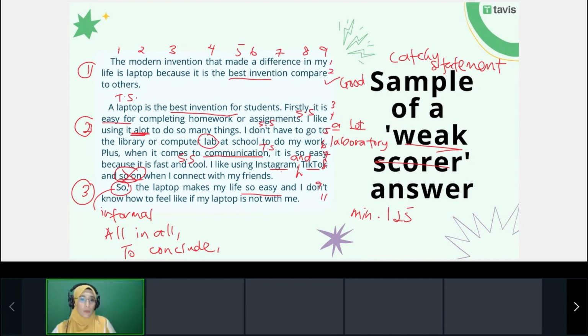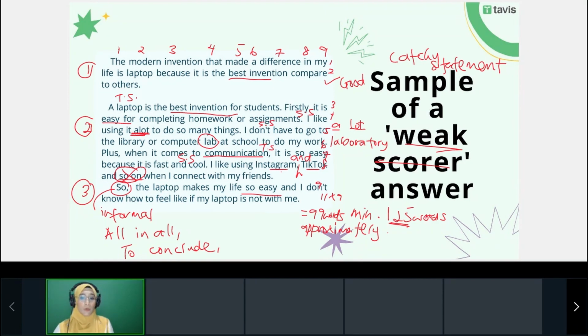So 9 times 11 will be just around 99 words, approximately. Oh no, definitely not excellent at all. You did not achieve the minimum mark of 125 words.